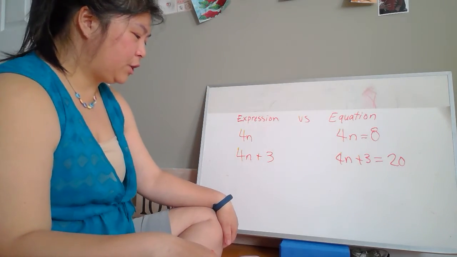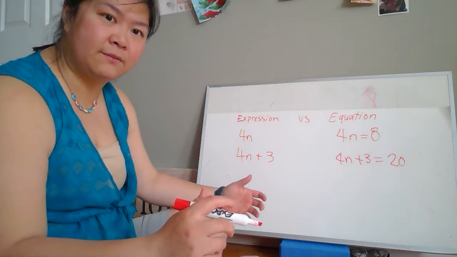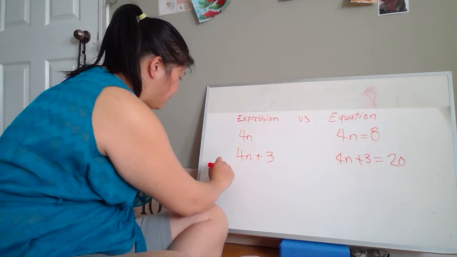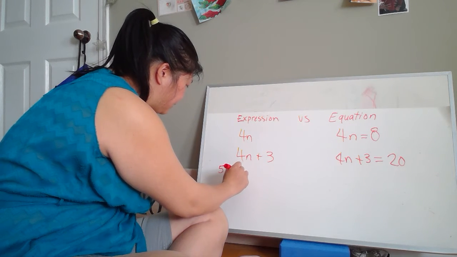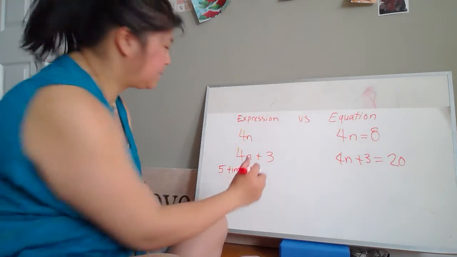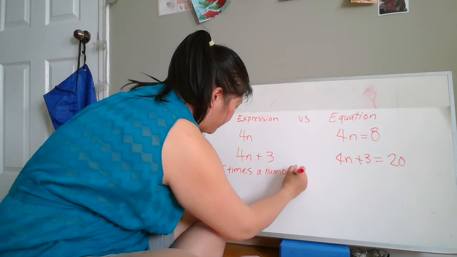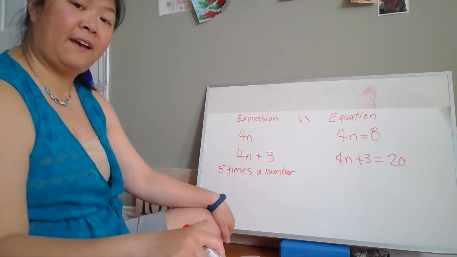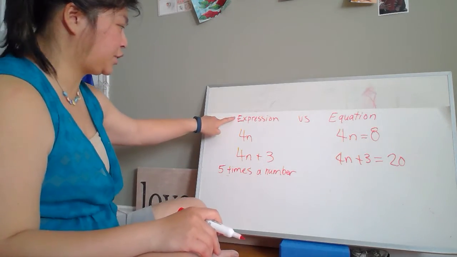So what does this mean when it is in written form? For example, 5 times a number. When it's written like that, 5 times a number, what is that as an expression?